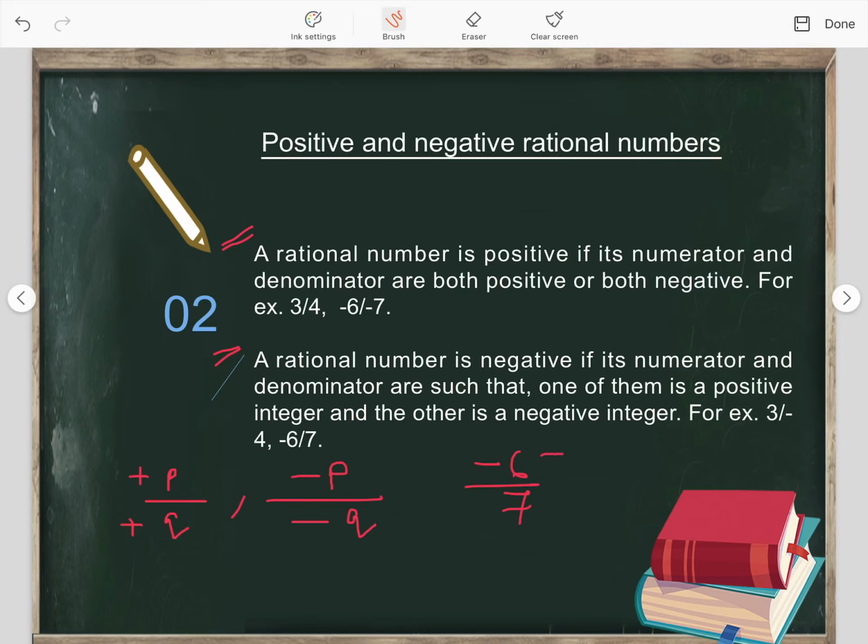In this case, the numerator is negative, but the denominator is positive. So a positive rational number means the numerator and denominator both should be either positive or both negative. And a negative rational number means either the numerator is positive and the denominator is negative, or the other way around. That means the numerator and denominator have different signs. One should be positive and the other should be negative.